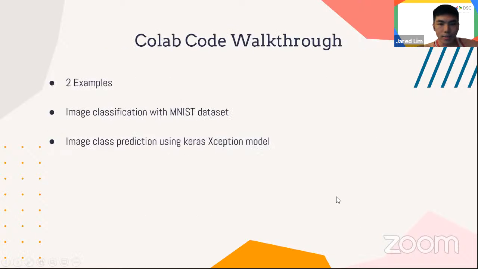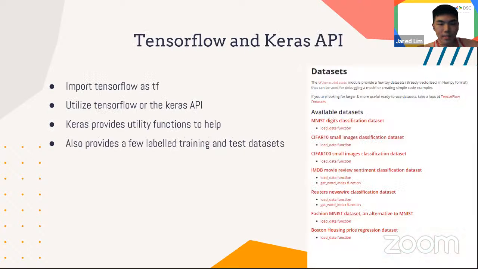So with that, I'll be walking you guys through the two examples I have. These are image data sets. I'll just be going through the image data sets today. And if you guys are interested in text, you can go and include a link also. But the main API we'll be using is TensorFlow and the Keras API.